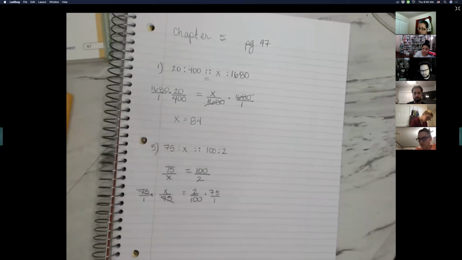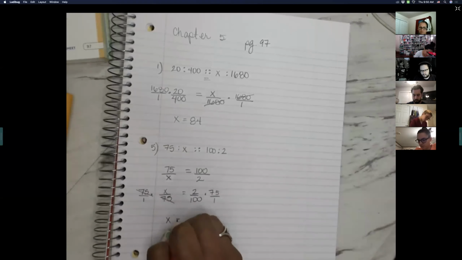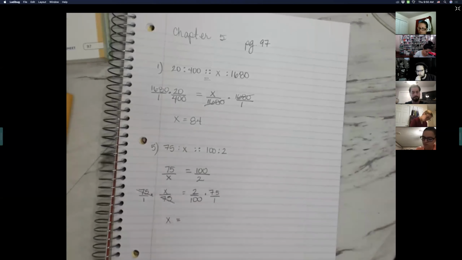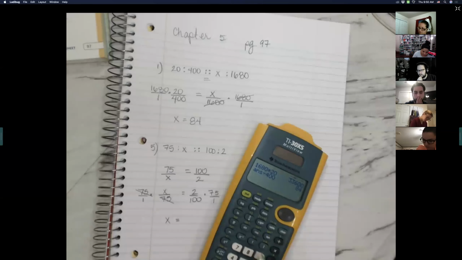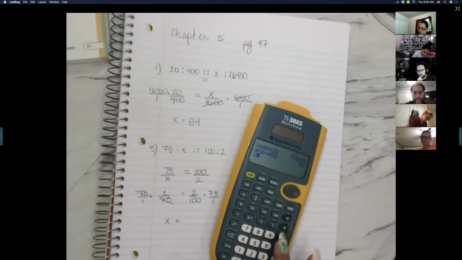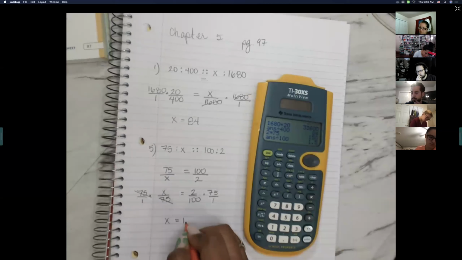He's gone. I have my x by itself, and then I just finish solving with my calculator. So 2 times 75 divided by 100 gives me 1.5. Okay?